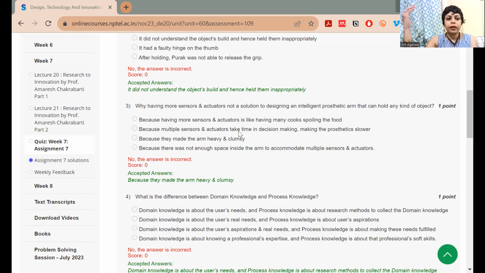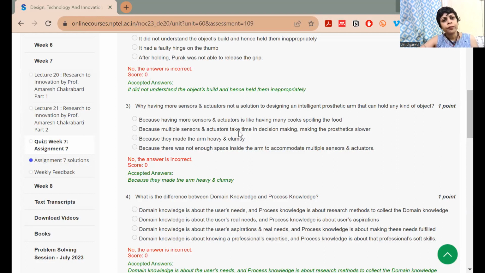Because you already have an arm. The prosthetic is supposed to be a replacement for that. So you cannot make it of just any size, and you cannot make it of just any kind of weight. The number of sensors and actuators you put into a prosthetic is supposed to enable the arm to fulfill the normal body functions which the person would want to perform.